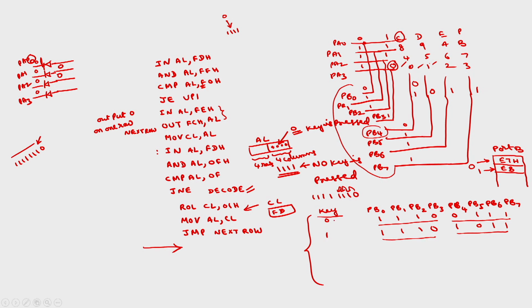So for 0 press, this will be 1110, because this 0 key is present in this row and column. What is the hexadecimal equivalent of this one? If I receive this 0 1 1 here, it means there is a 0 key press. So the code will be E7. Corresponding to 1, this will be EB.